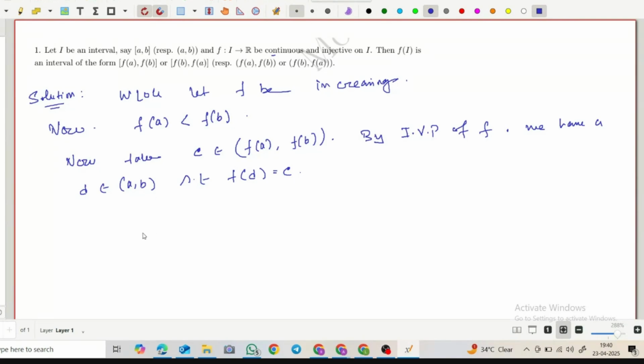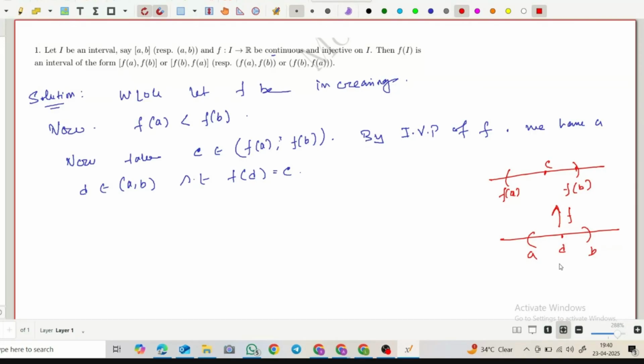So what do you get? Observe carefully. What you get is that every point in this interval is basically nothing but an image of this point.